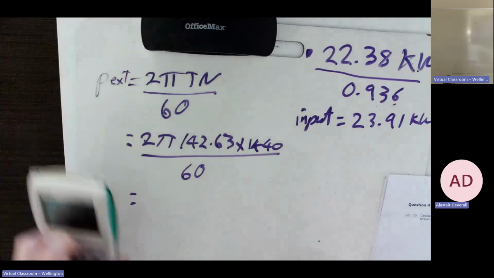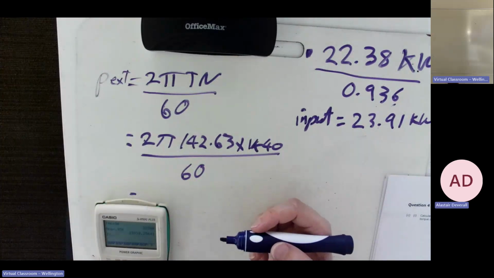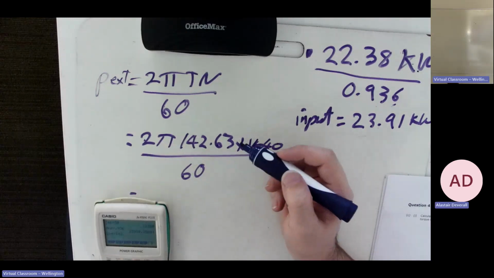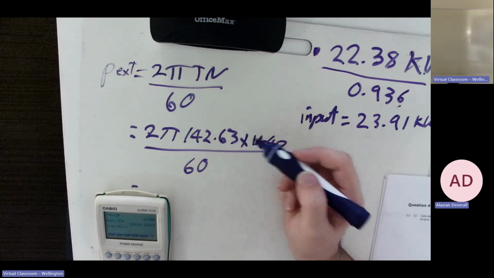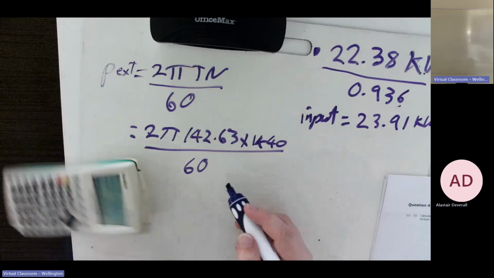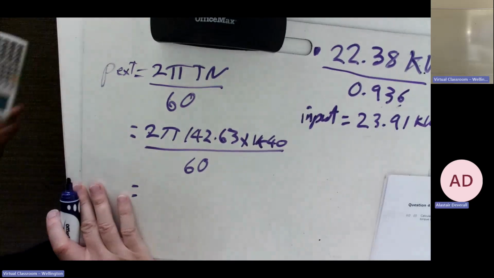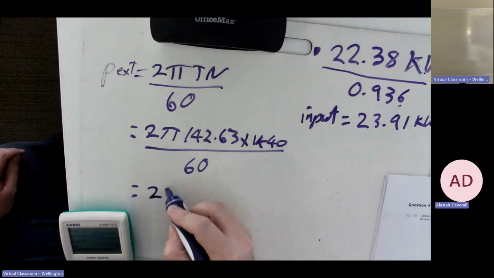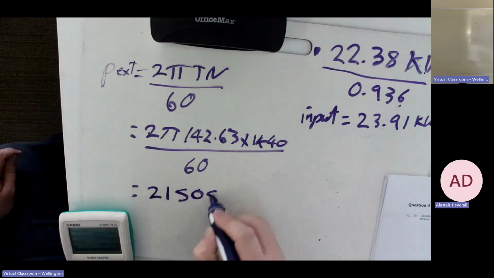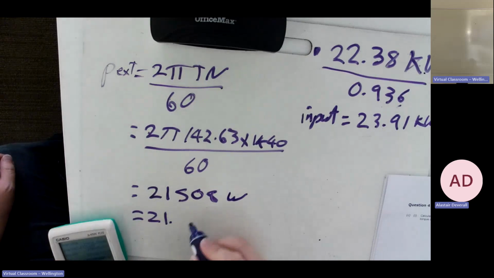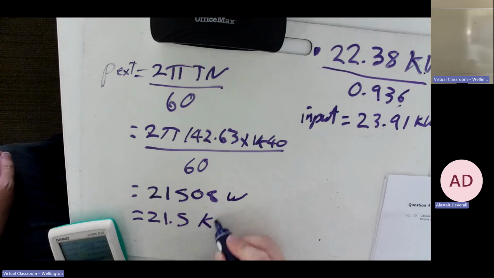P external equals 2 times pi times 142.63 times 1440, and then divide by 60, and we get 21508 watts, which equals our 21.5 kilowatts.